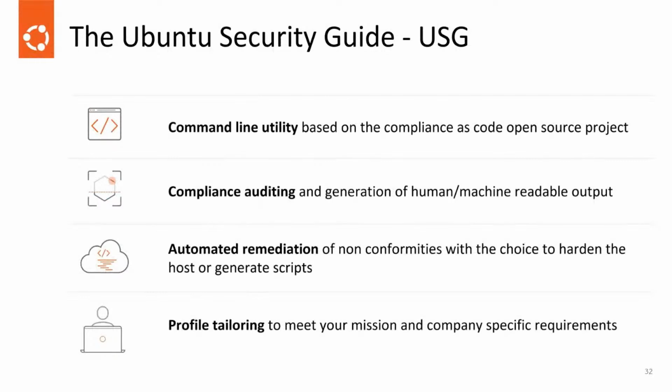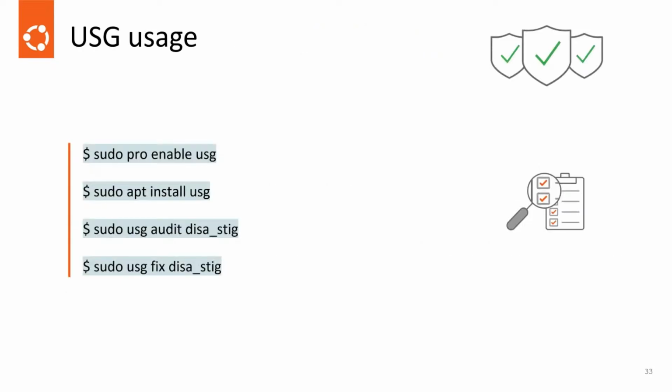It is a command line utility. It can automate your compliance auditing as well as apply remediation, and you can tailor the profile of the hardening that you want to audit or apply to your system. So it's flexible, and it's easy to use.